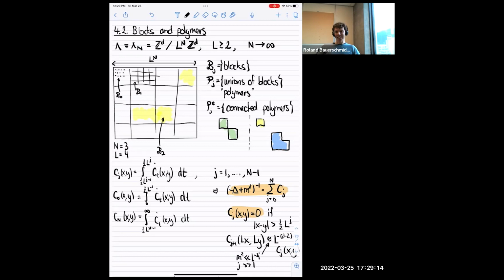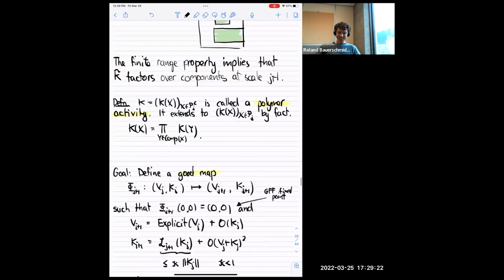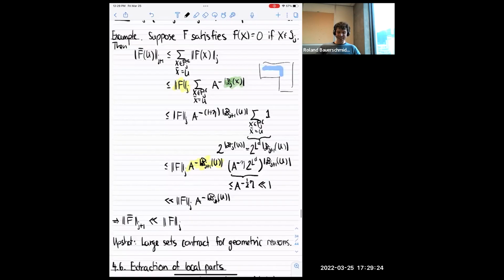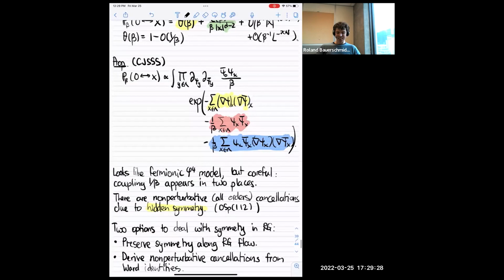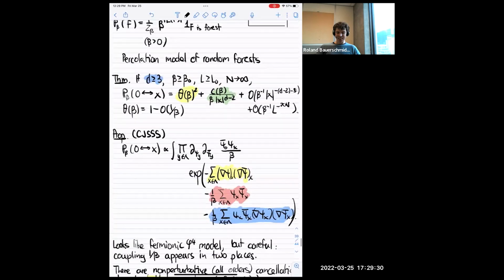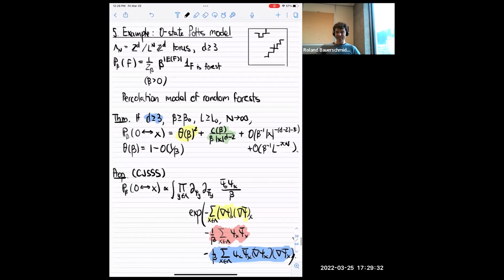Roland, can I ask about your fermion model question? Yes. So if you applied those supersymmetry transformations to the local action, you have the Gaussian part, the action looks like a Gaussian plus those phi-four terms.